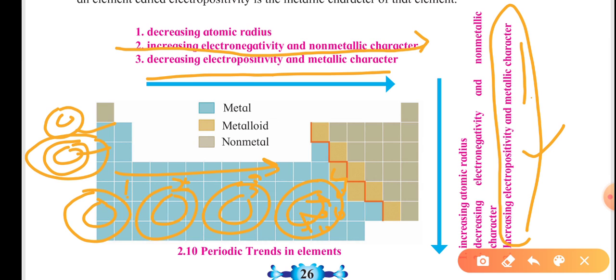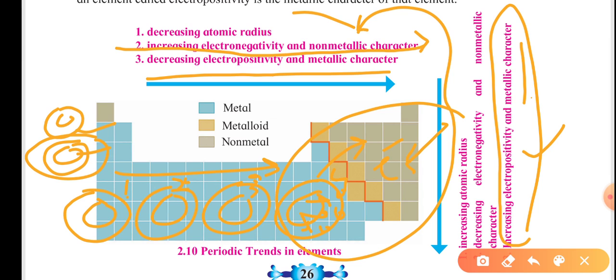Due to this attraction they are not ready to lose the electron, which means they are ready to accept the electron. The ability to accept the electron is non-metallic character and electronegativity. So there is an increase in electronegativity and non-metallic character.